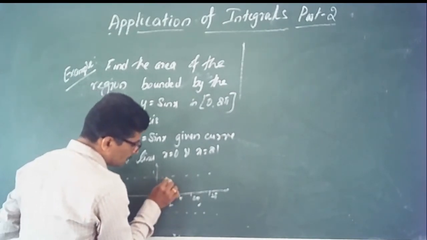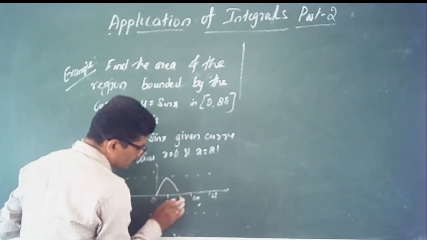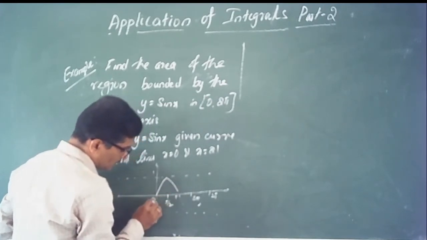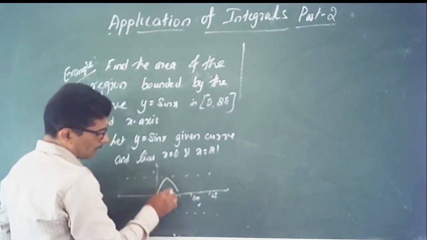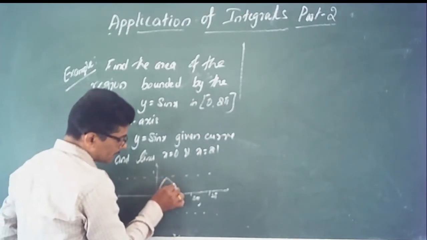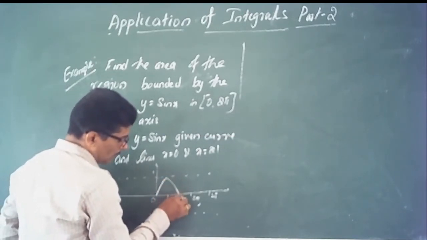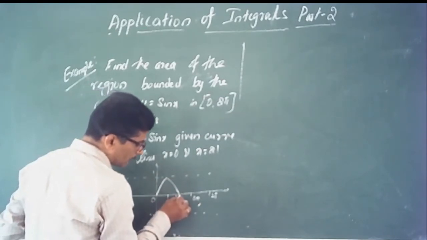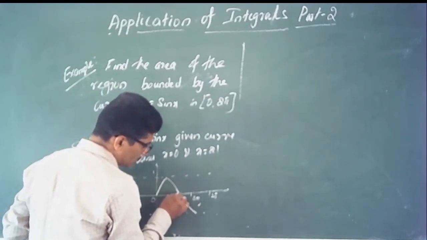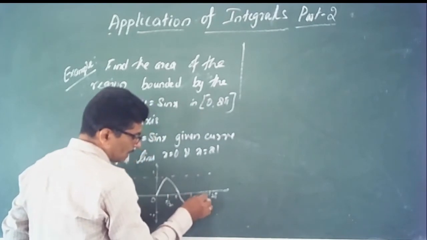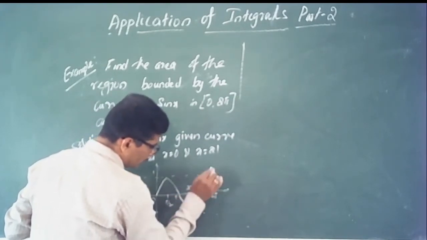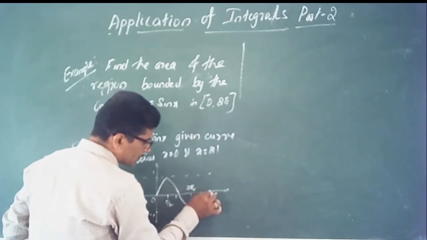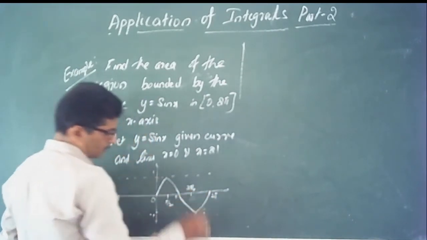So from 0 to pi by 2 it increases from 0 to 1. Then pi by 2 to pi it decreases from 1 to 0, and pi to 3 pi by 2 again decreasing from 0 to minus 1, we know. This one is 3 pi by 2, let us write here. Then up to 2 pi it increases from minus 1 to 0.